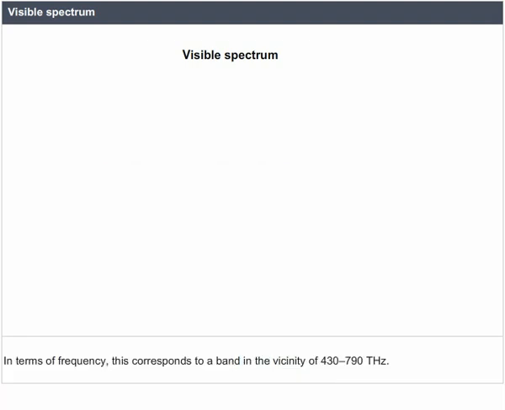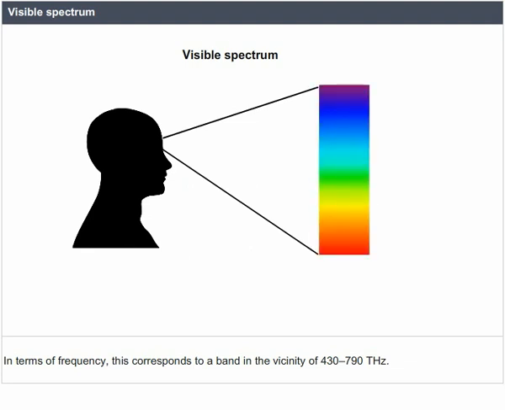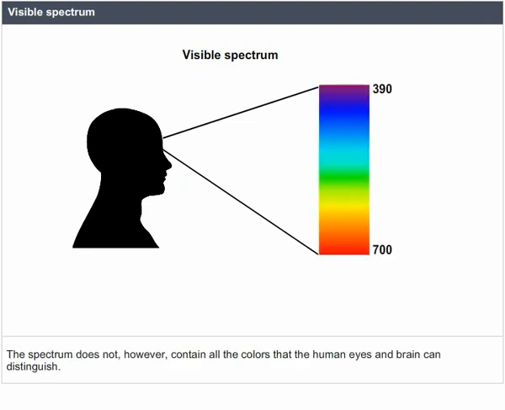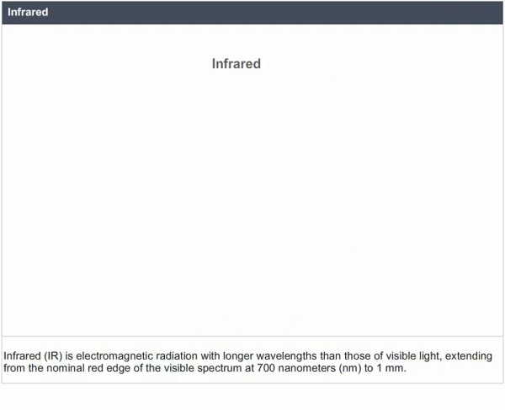In terms of frequency, this corresponds to a band in the vicinity of 430 to 790 terahertz. The spectrum does not, however, contain all the colors that the human eyes and brain can distinguish. Unsaturated colors such as pink or purple variations, such as magenta, are absent, for example, because they can be made only by a mix of multiple wavelengths.